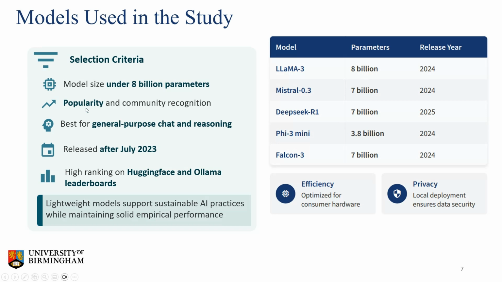So our selection criteria focus on recent release after July 2023, popularity and community recognition, reasoning capability, and high ranking on Hugging Face and Ollama leaderboard to ensure a balance of capability and efficiency.